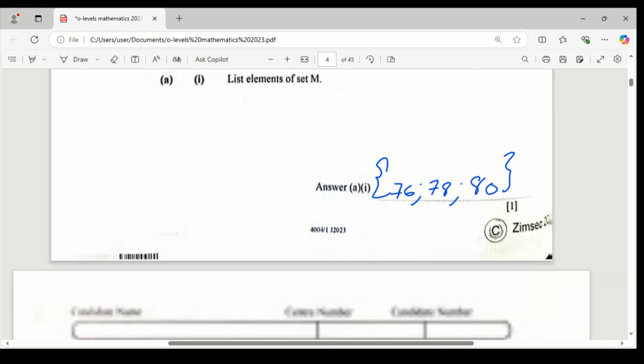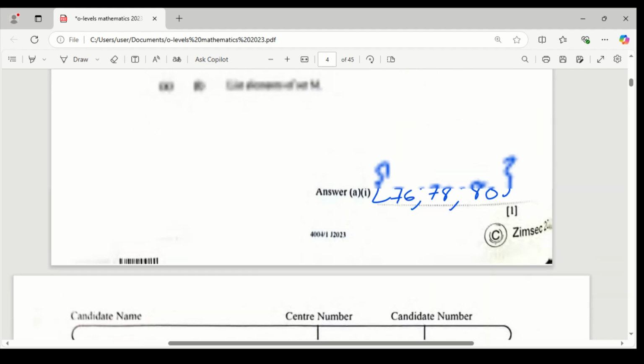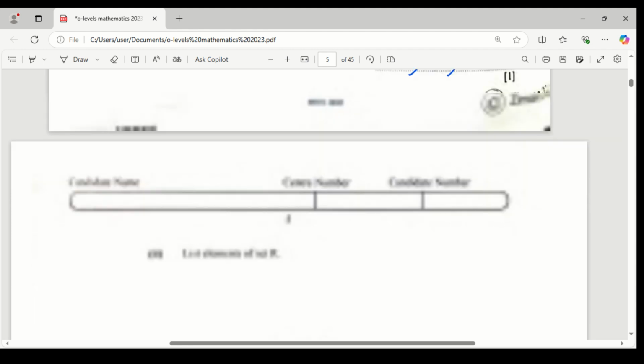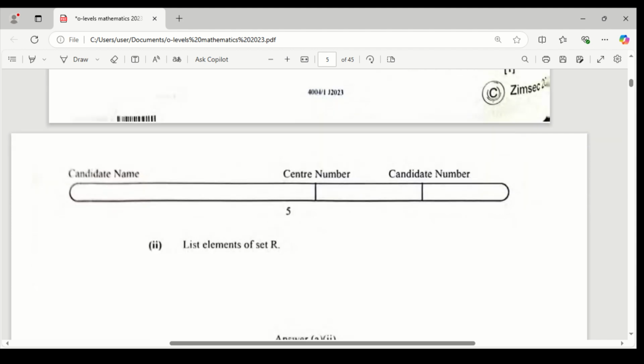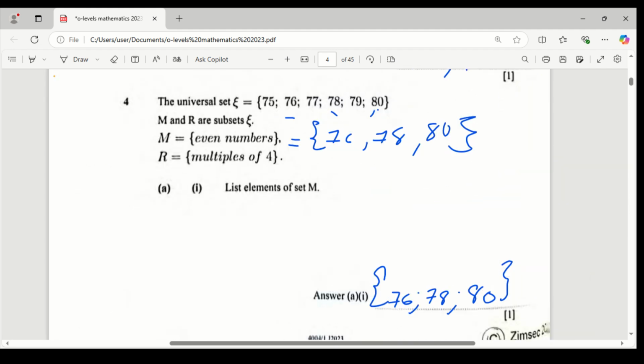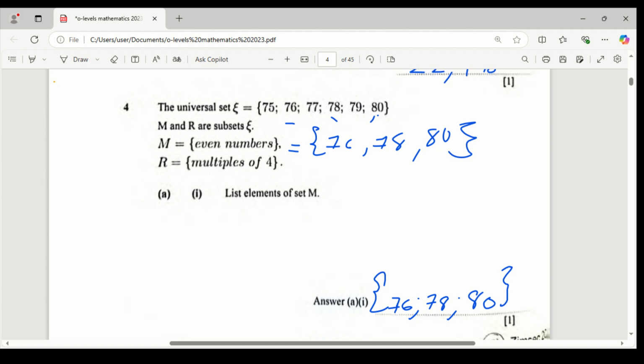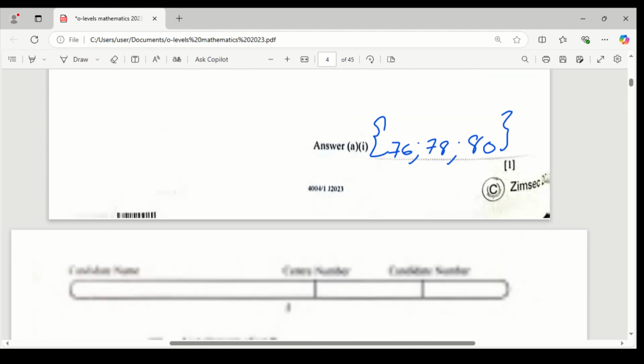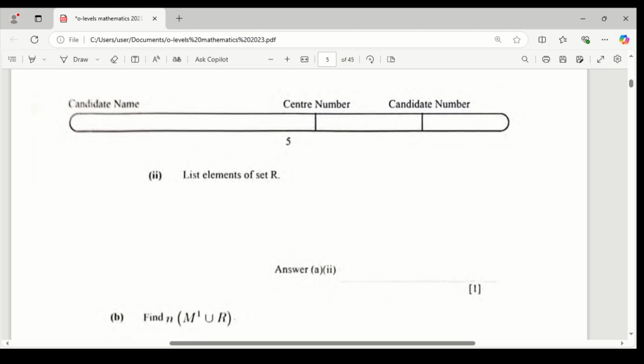It is saying list the elements of set R. So we can go back here. It is saying R is equal to multiples of 4. So multiples of 4, these are numbers which are divisible by 4 without leaving a remainder.